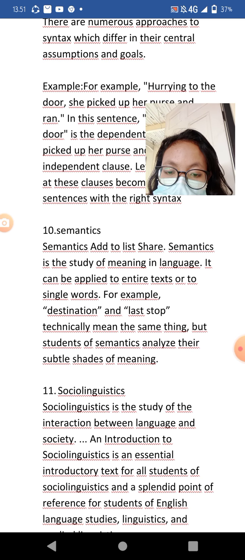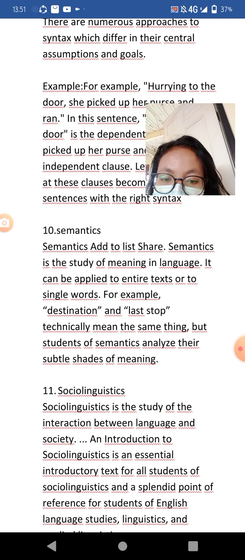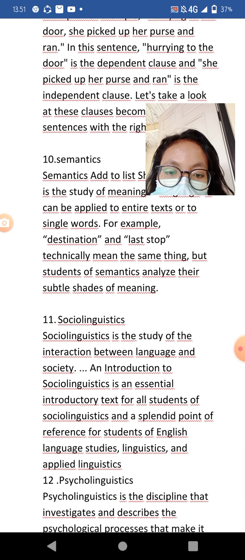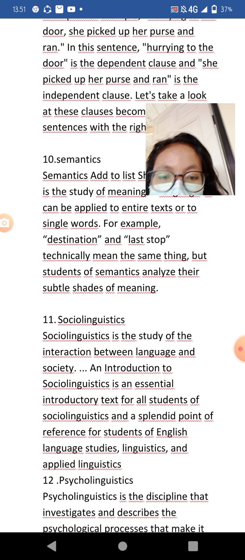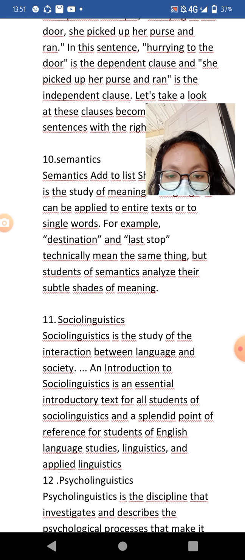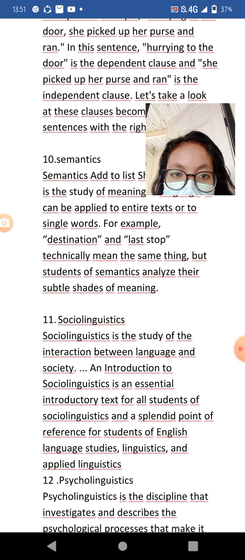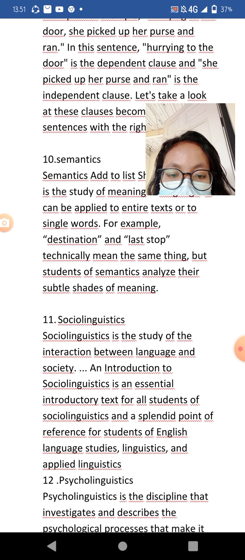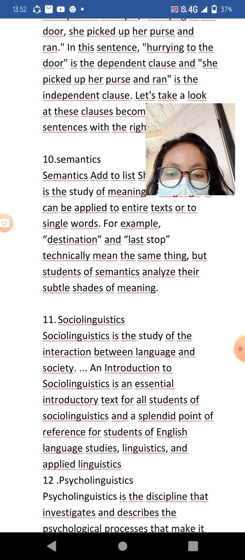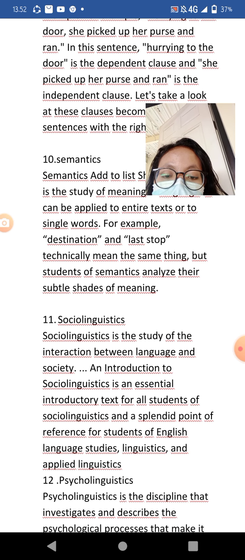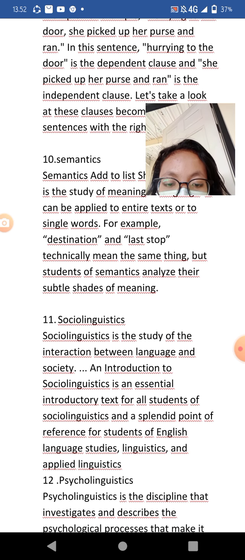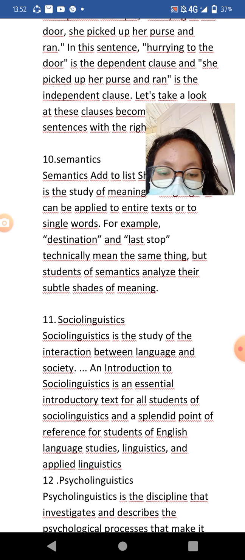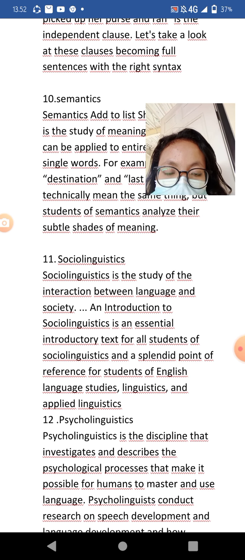Number eleven, sociolinguistics. Sociolinguistics is the study of the interaction between language and society. An Introduction to Sociolinguistics is an essential introductory text for all students of sociolinguistics and a springboard point of reference for students of English language studies and applied linguistics.